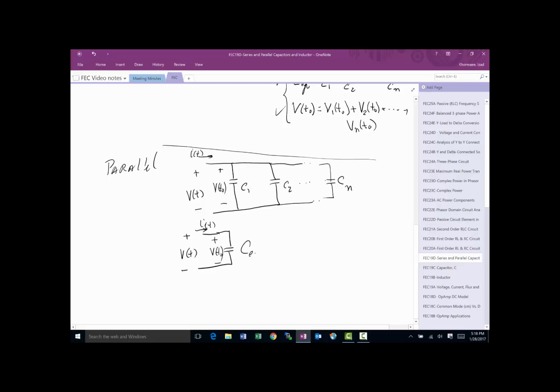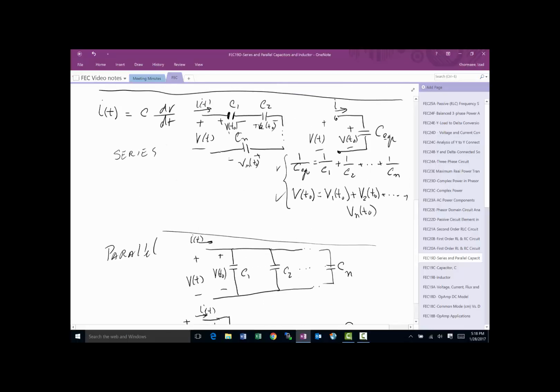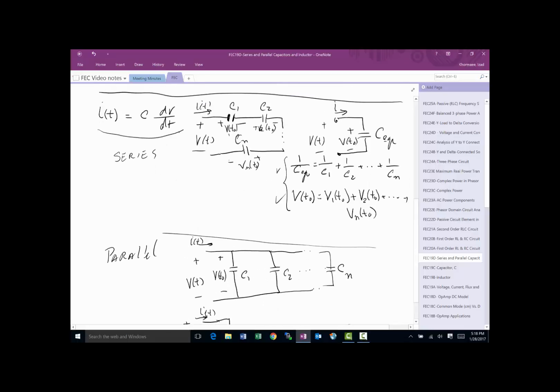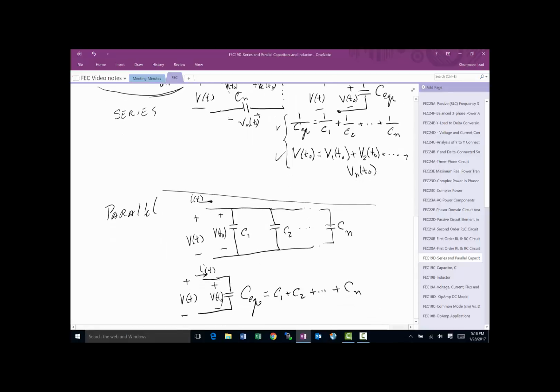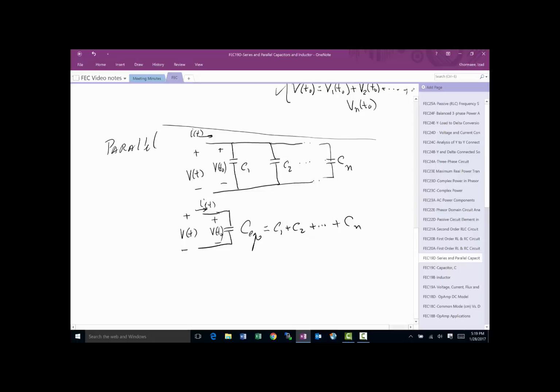But C equivalent in this case is simply going to be C1 plus C2 plus Cn. So again, opposite the resistors. All of that is because of the relationship between I and V: C is on the V side instead of the I side. All right. So that pretty much takes care of how you combine capacitors and inductors.